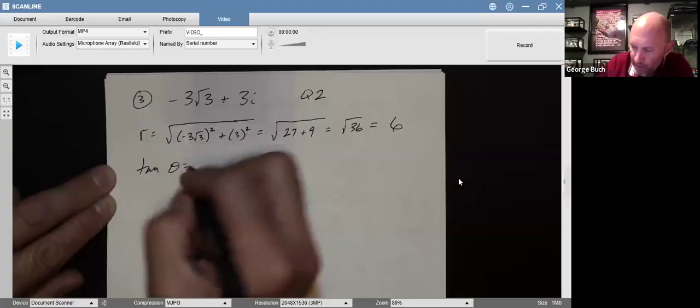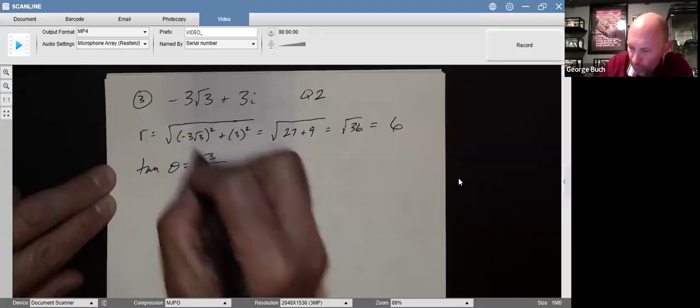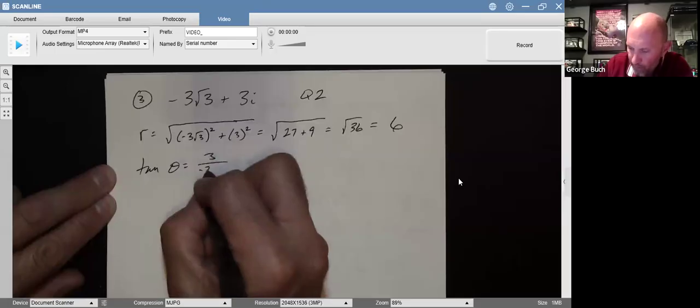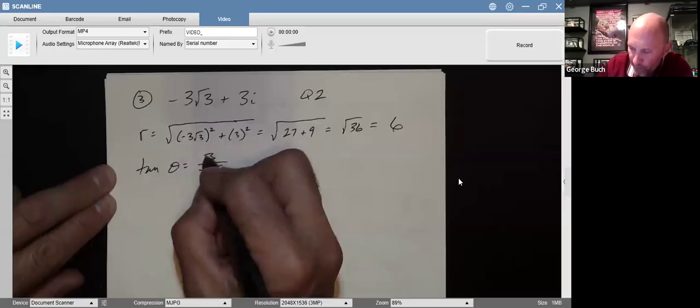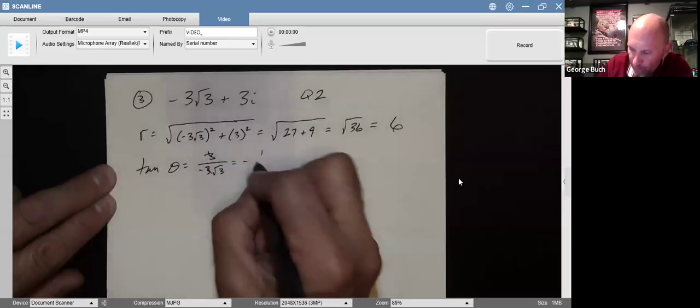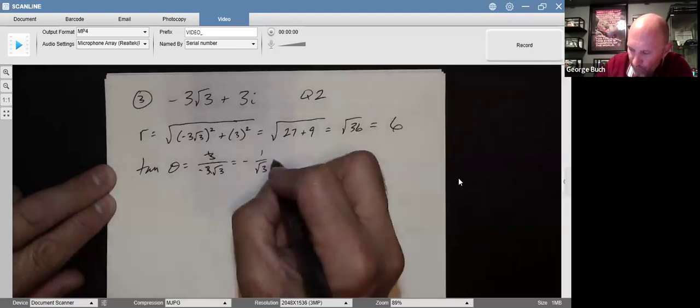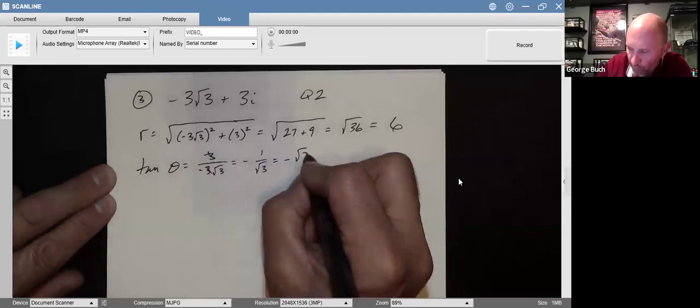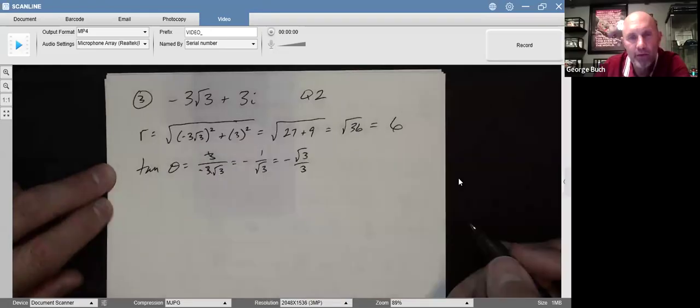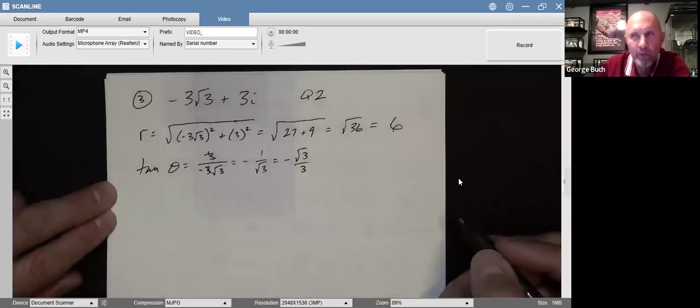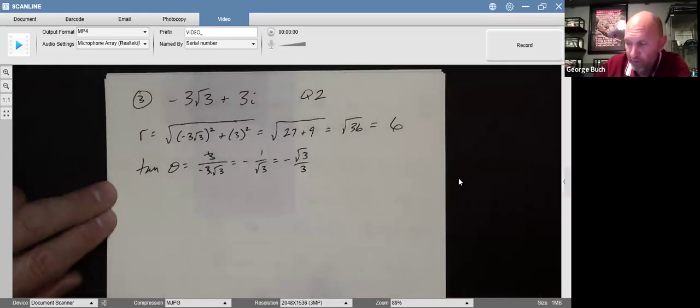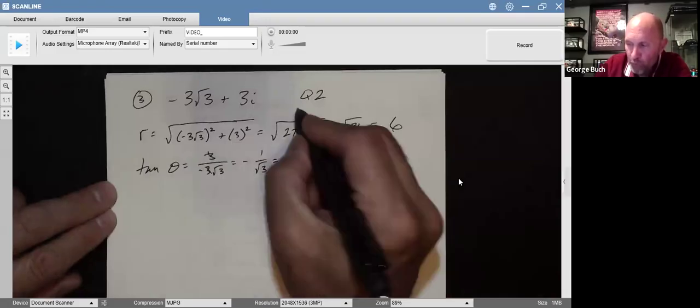Tangent of theta is b, 3, over negative 3 root 3. The 3's cancel out. I get negative 1 over root 3, which if I rationalize it so it looks like what I'm familiar with, I get negative root 3 over 3. Well, that's like my pi over 6, but I'm in quadrant 2.